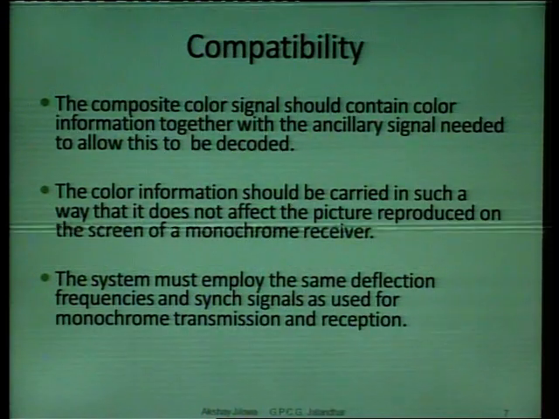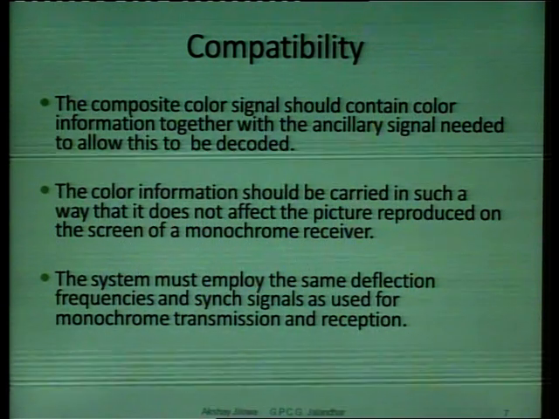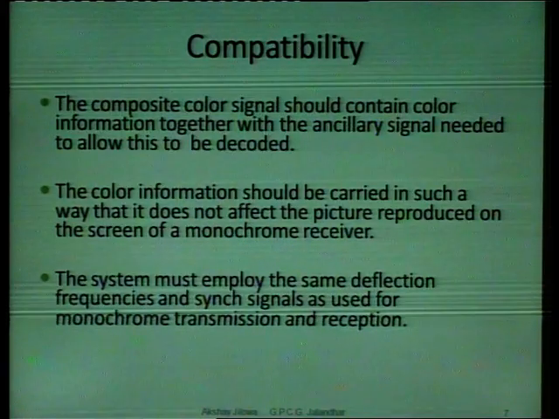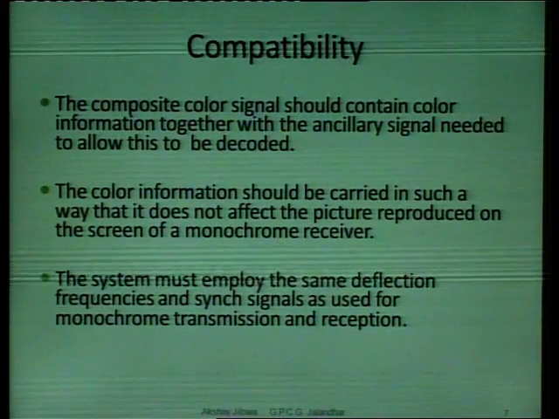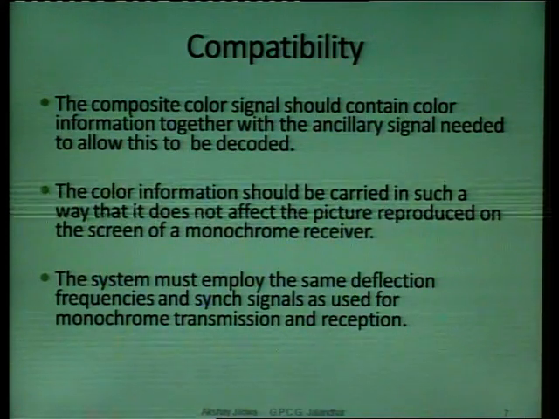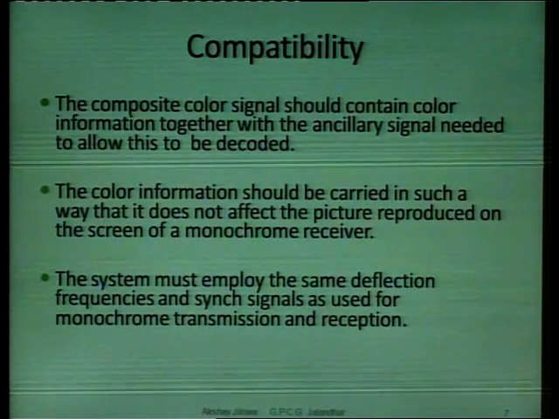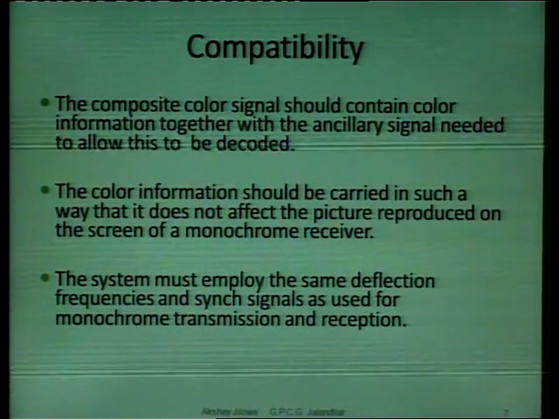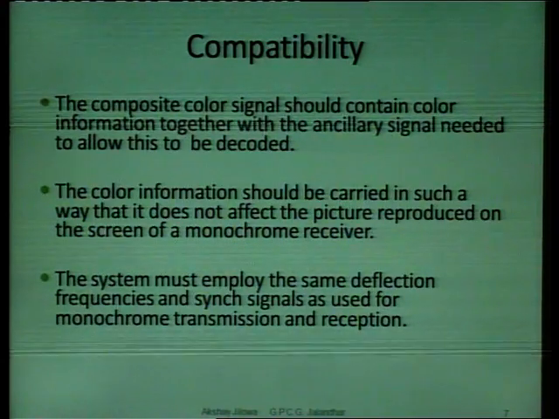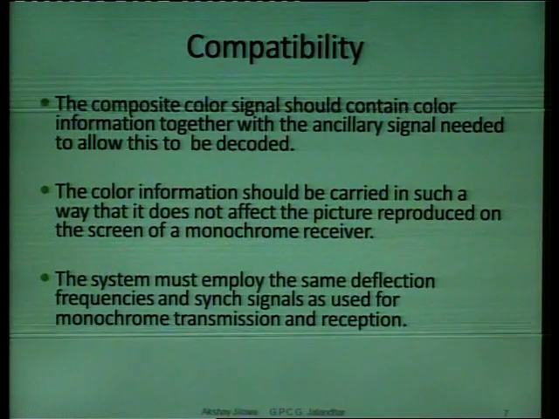Next, the color information should be carried in such a way that it does not affect the picture reproduced on the screen of a monochrome receiver. This is an obvious requirement. Whenever we send the color information along with the monochrome signal, we should send it in such a way that it does not affect the monochrome receiver if the receiver is monochrome and the signal is being received there.